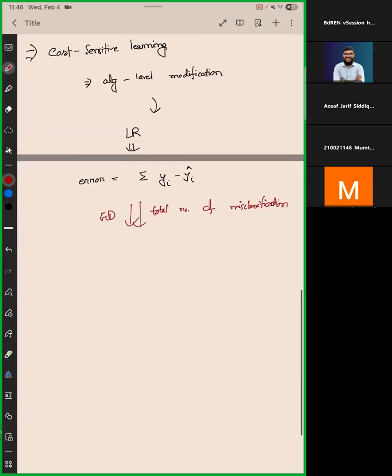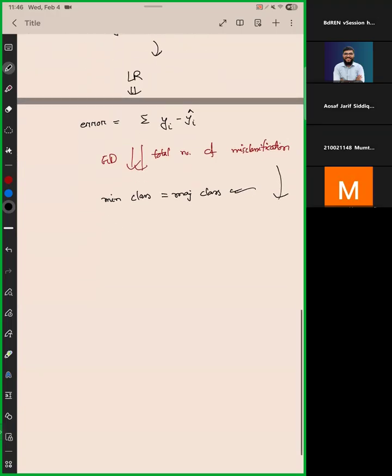Now, this is done under the assumption that both classes have an equal number of samples. But in a practical scenario, we don't have that. So things change, and this is no longer the best rule. Why so? Let's see.